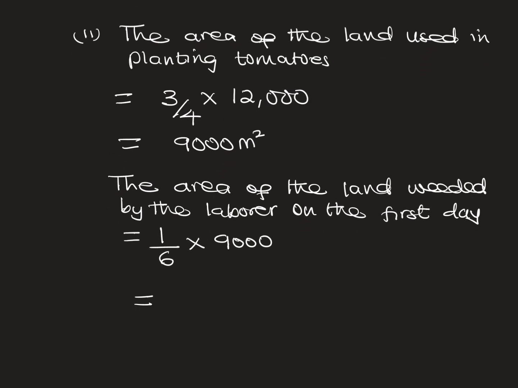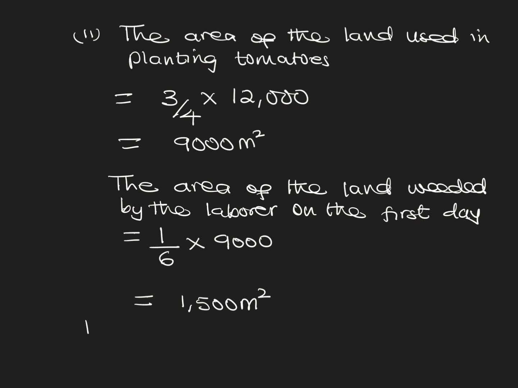So that will be 1 over 6 times 9,000 gives 1,500 meters squared. Which means on the first day, the laborer weeded an area of 1,500 meters squared out of the 9,000 meters squared land allocated for planting tomatoes.